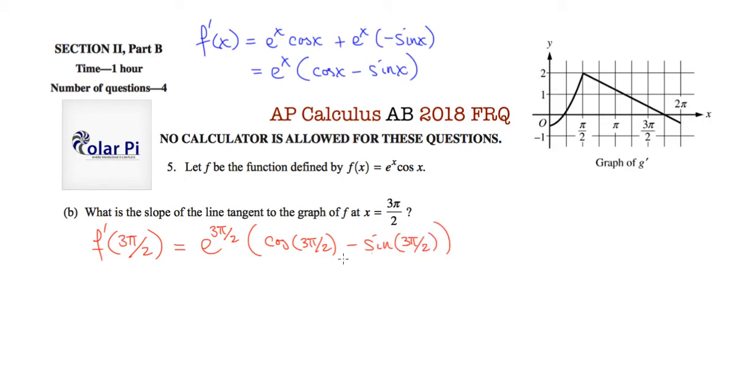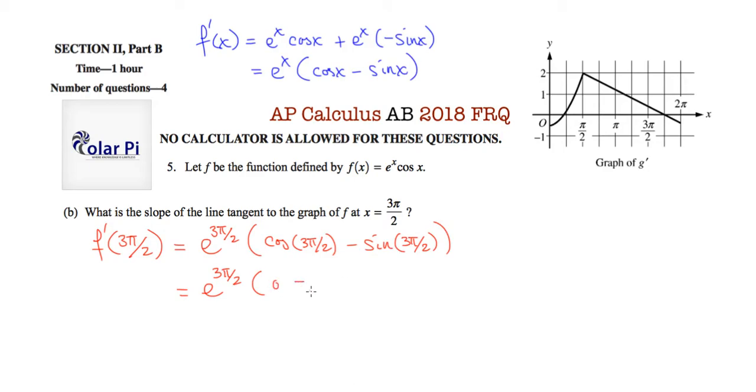So this is going to equal e to the 3 pi over 2 times cosine of 3 pi over 2. What is that? Cosine starts at 1, goes down to 0 at pi over 2, and then to negative 1 at pi, and at 3 pi over 2 comes back to 0, so it's 0.